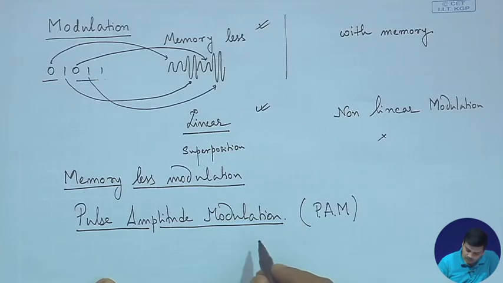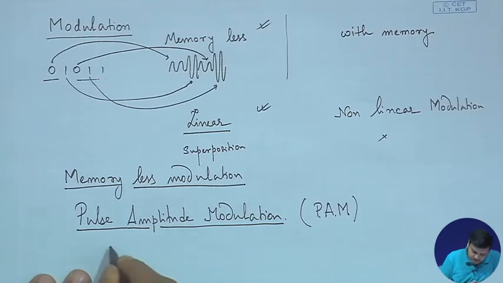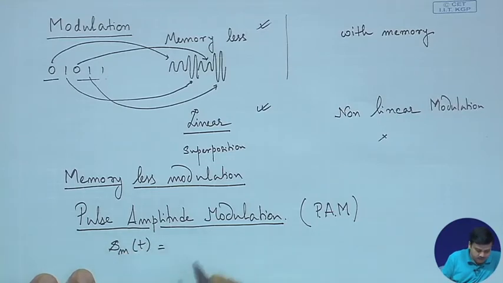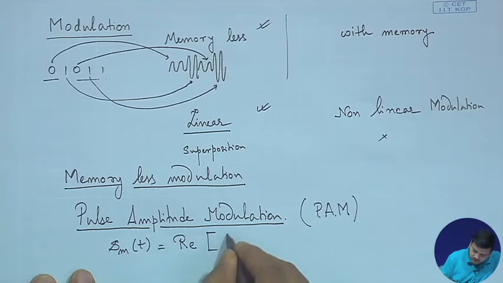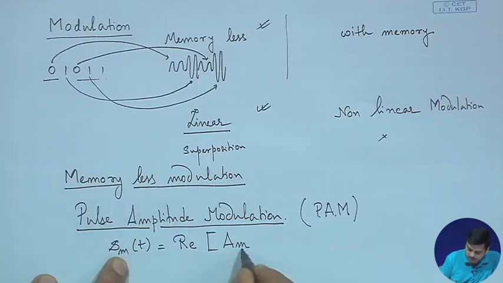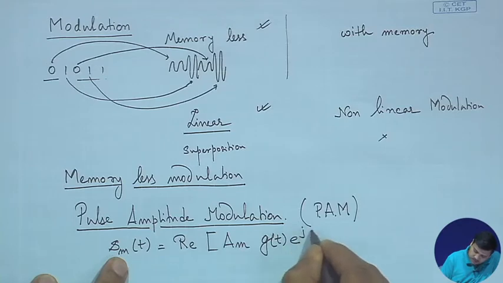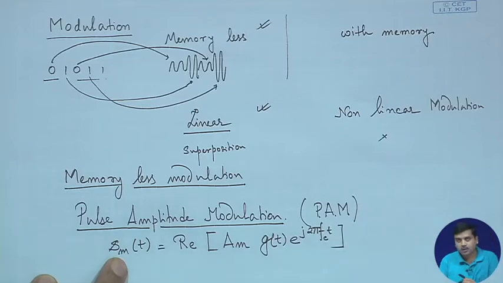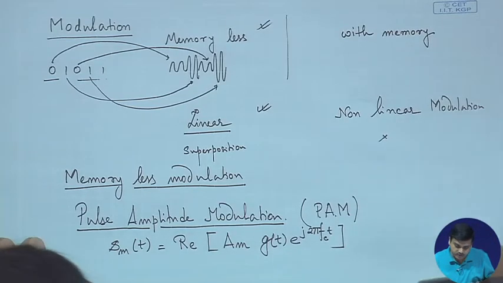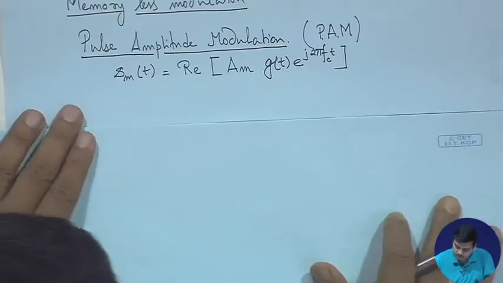So, a pulse amplitude modulated signal s_m(t), we could write it as s_m(t) is usually represented as the real part of A_m, right, m indicating message or modulated. So, A_m is the amplitude, there is g(t), and there is e to the power of j 2 pi f_c t, right. So, at this point you may recall amplitude modulation, which you have studied before.